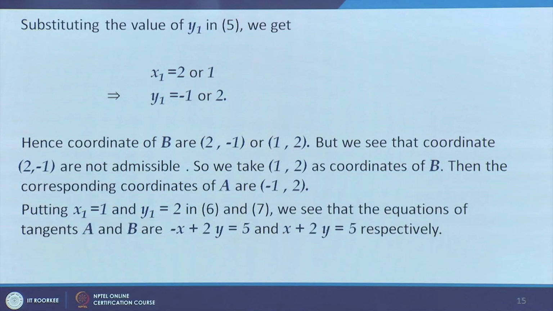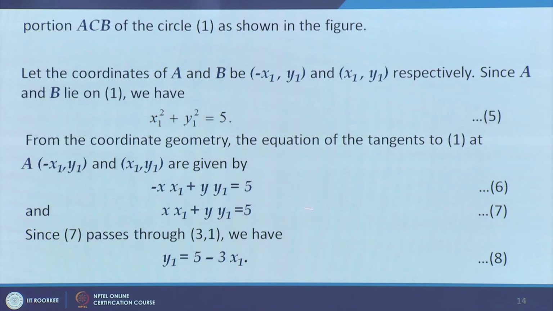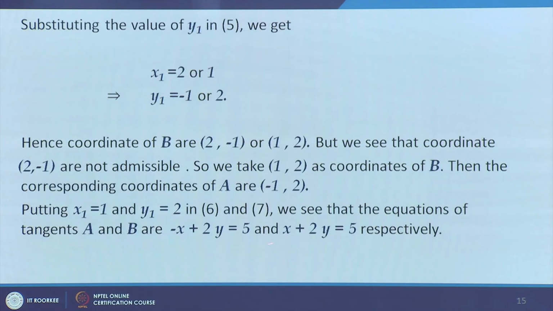Now, putting x1 equal to 1 and y1 equal to 2 in these equations 6 and 7, we get the equations of the tangent lines P1A and P2B. The equation of the tangent at A is minus x plus 2y equal to 5, and the equation of the tangent at the point B is x plus 2y equal to 5.